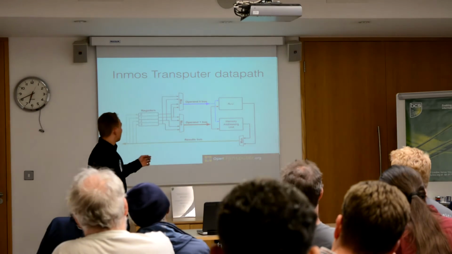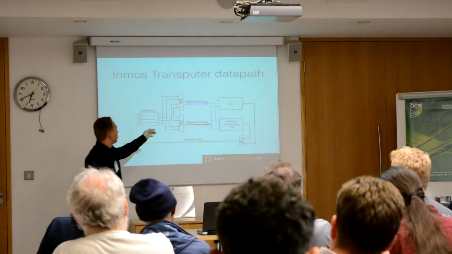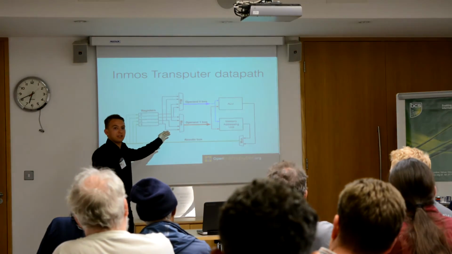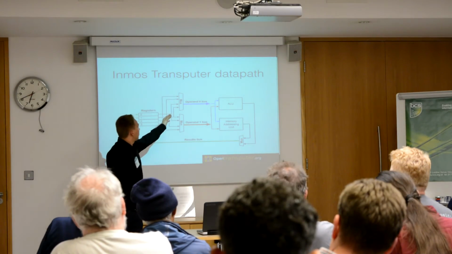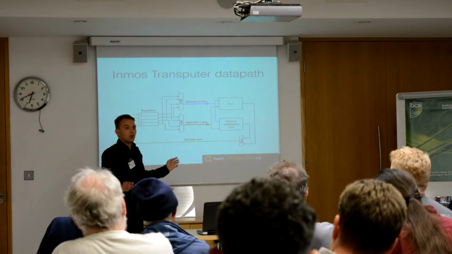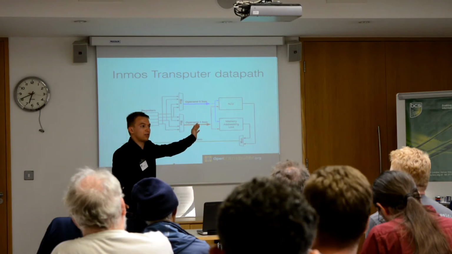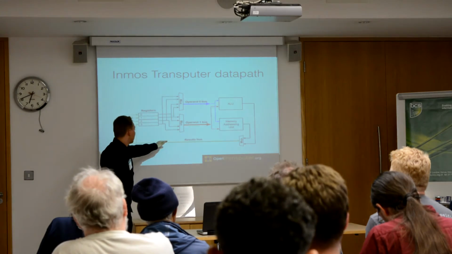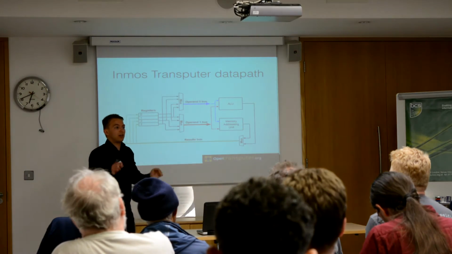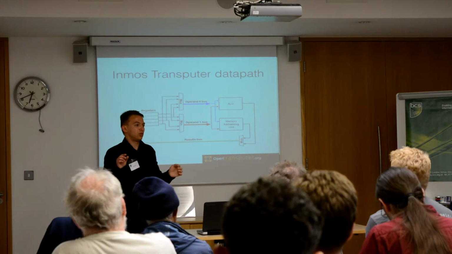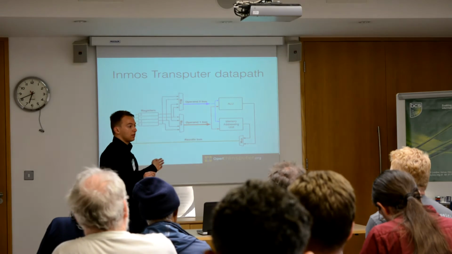This is why the Transputer used a shared bus system as displayed here. We can see two operand buses which carry values from the registers to the functional units, and a result bus at the bottom which carries the output of the functional units back to the registers.